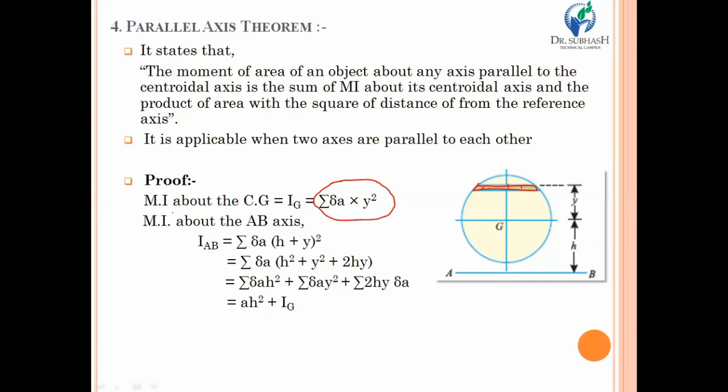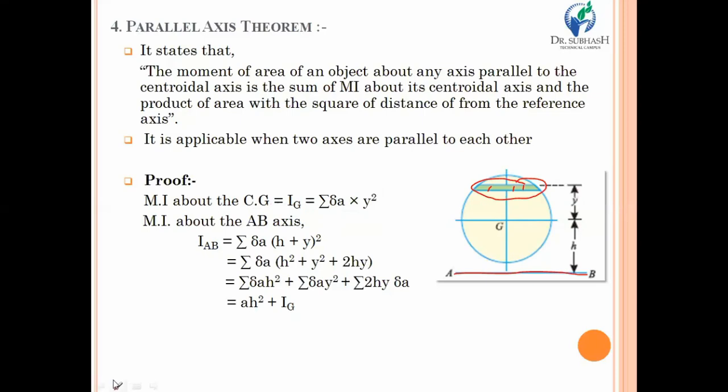Now, in order to calculate the moment of inertia about the AB axis, you require an integration of these terms. Over here, delta A and the distance becomes h plus y. So the moment of inertia about the AB axis of this small elemental area will become delta A into (h plus y) whole square.